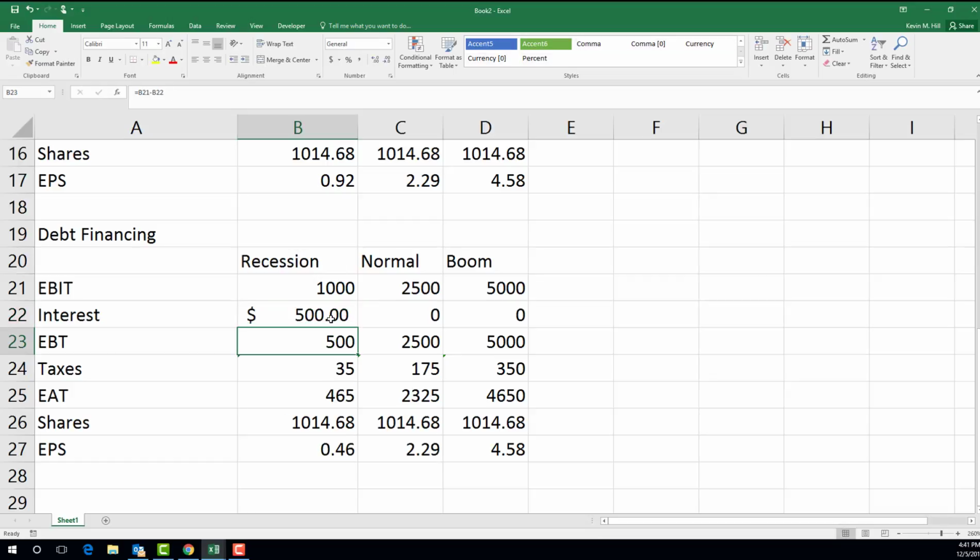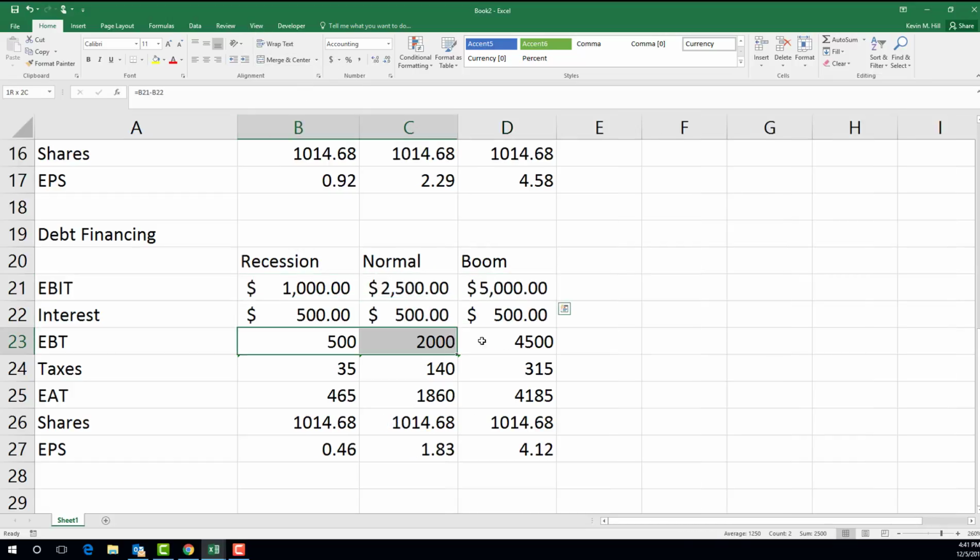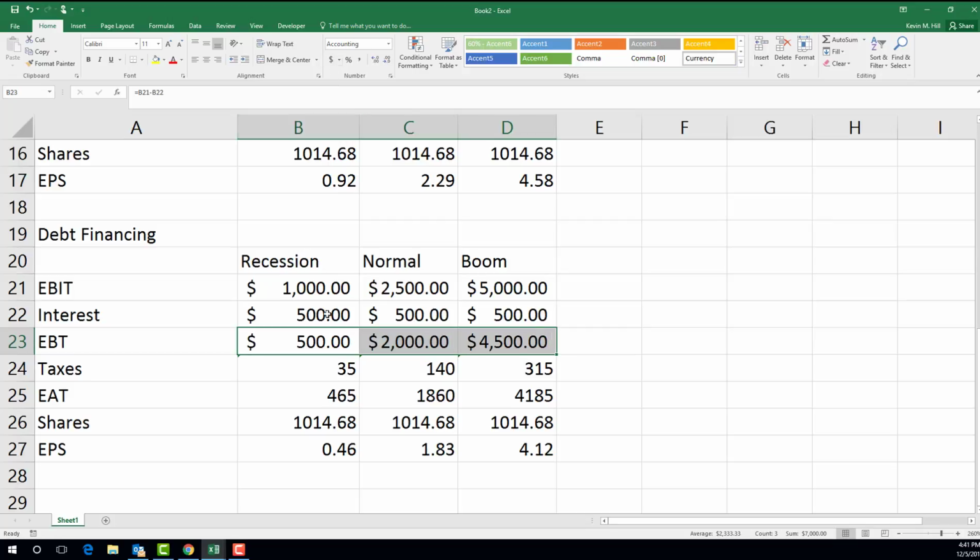And that's going to give us 500. I'll follow that across. Actually, I'm going to change these to dollars too, just because it looks a little better. And then our taxes. We don't have to convert it like this, but I do think it looks a little bit better.